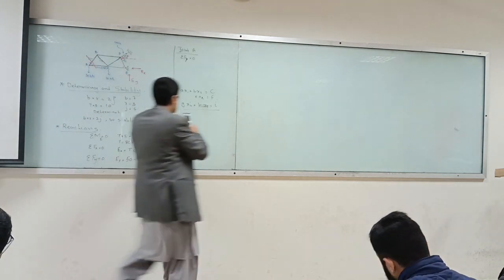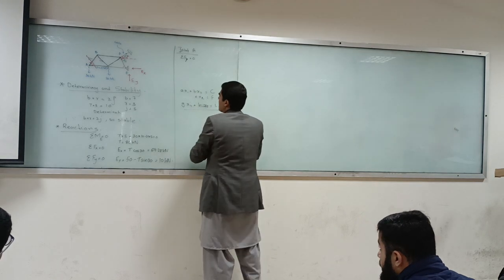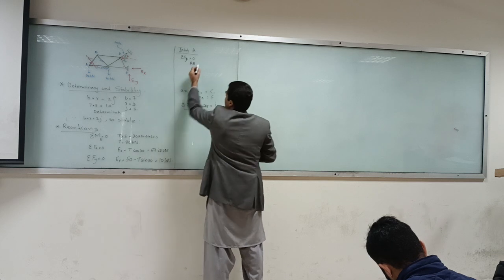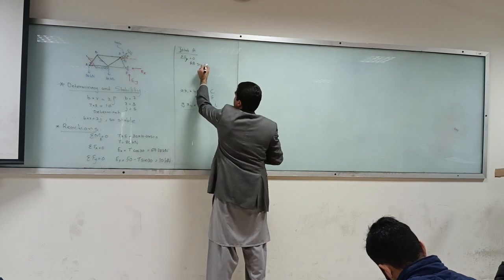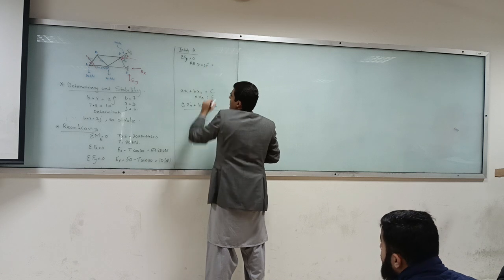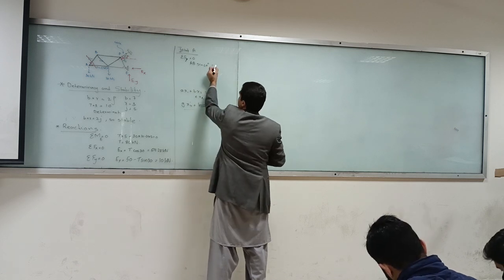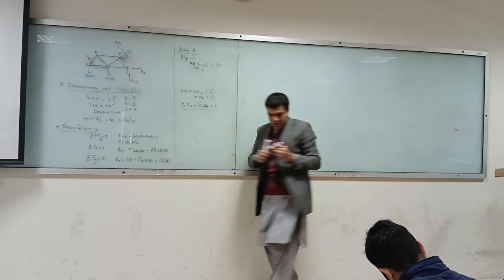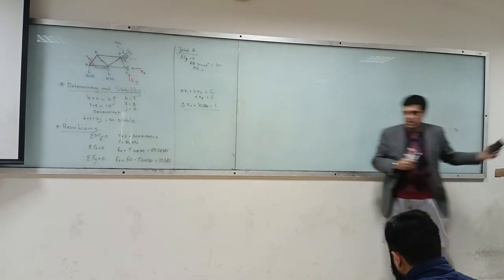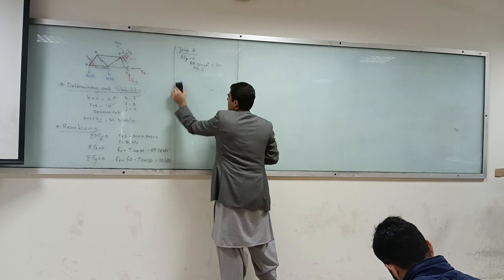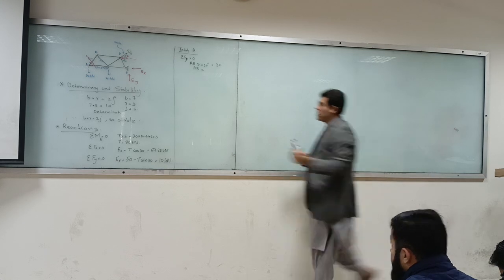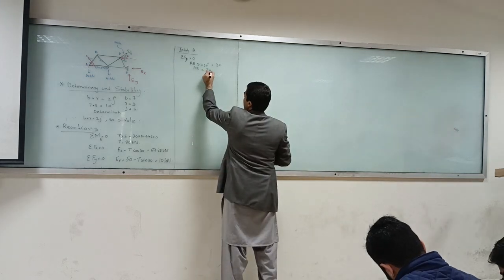So AB sine 60 degrees is equal to 30, and your AB must be equal to 30 by sine 60, which is 34.64.